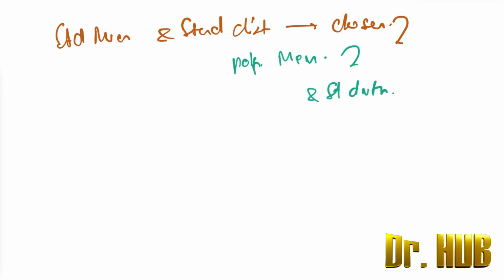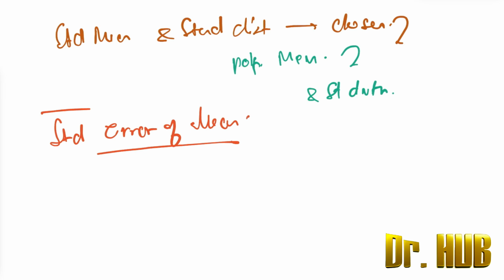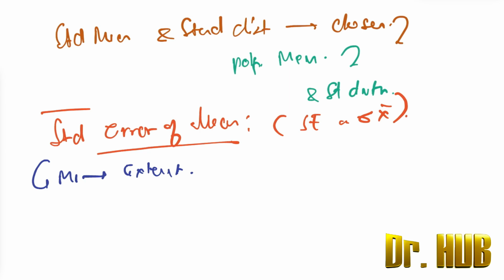Next, we are going to look at the standard error of the mean. The standard error of the mean is a measure of the extent to which the sample mean deviates from the true population mean.